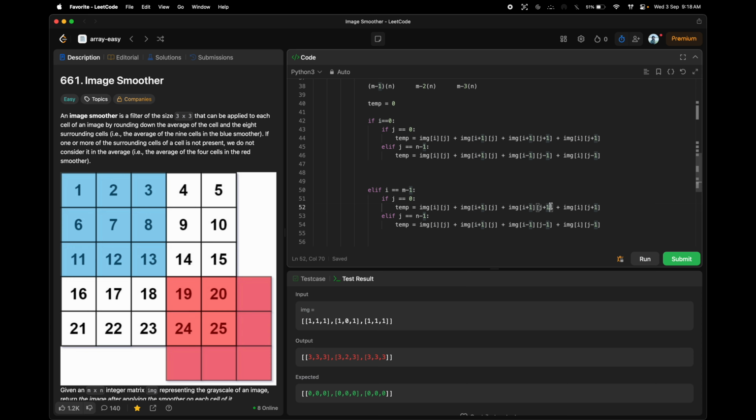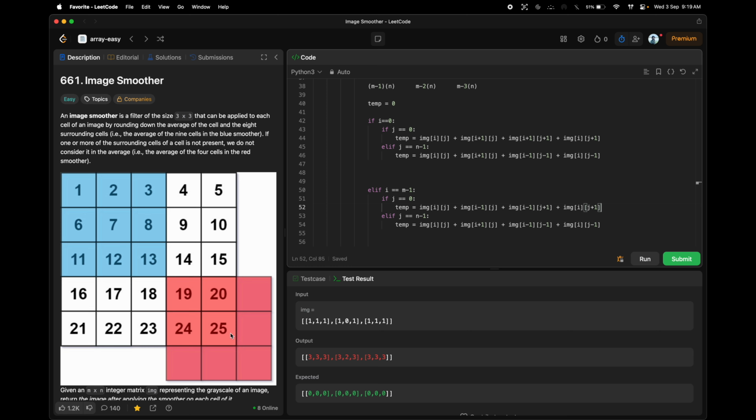Sorry, and this would be I minus 1. Let's do, I am not good at it. I minus 1 and j remains the same. Then I minus 1 and j is incremented, then I remains the same and j plus 1. Correct.